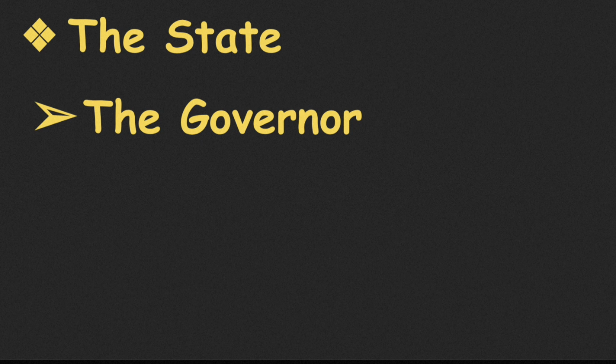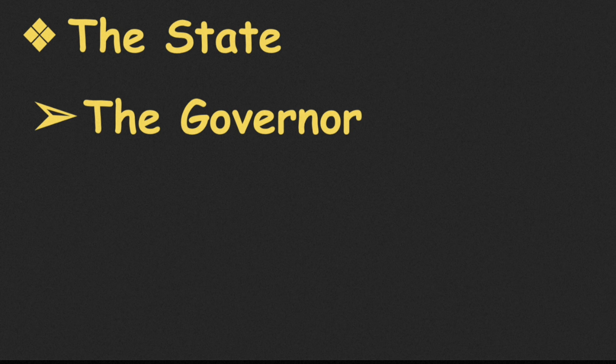The governor is appointed by the president and he holds office during the pleasure of the president. The emoluments and allowances of the governor are not to be altered to his disadvantage during the term of his office.